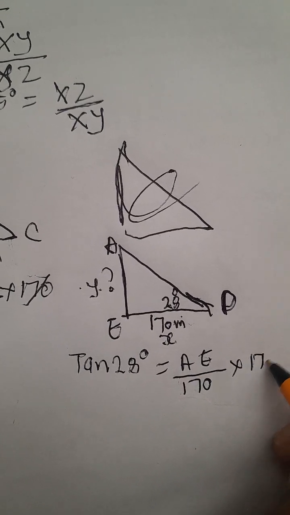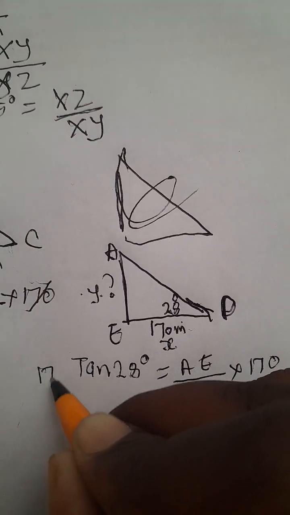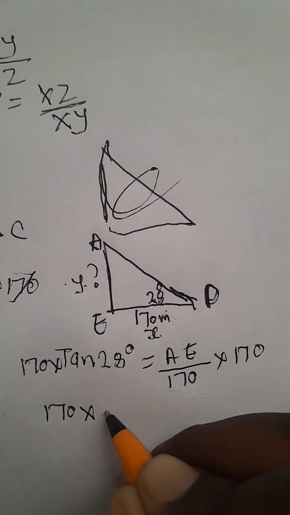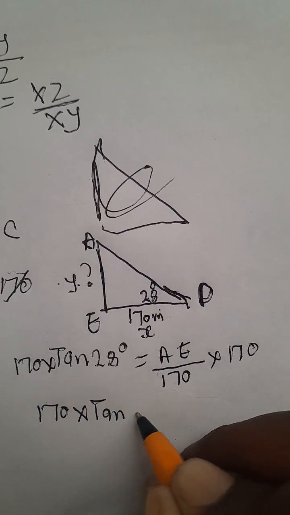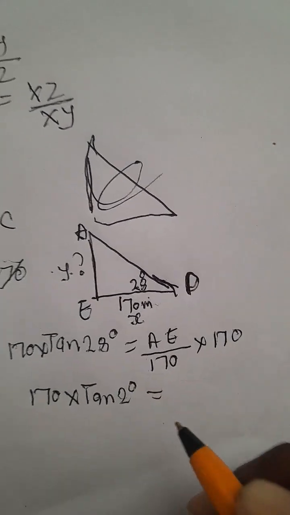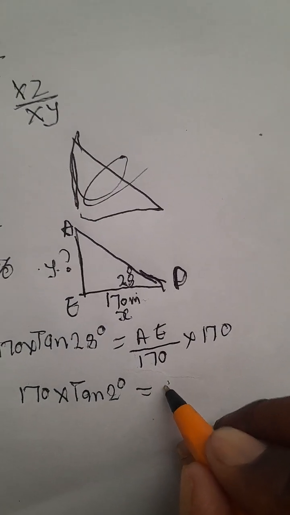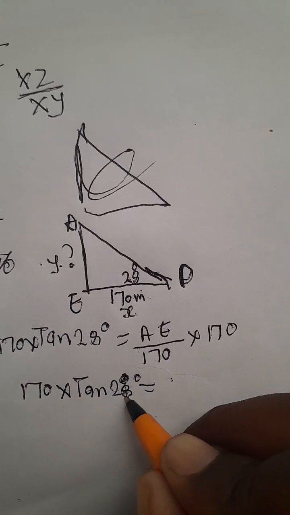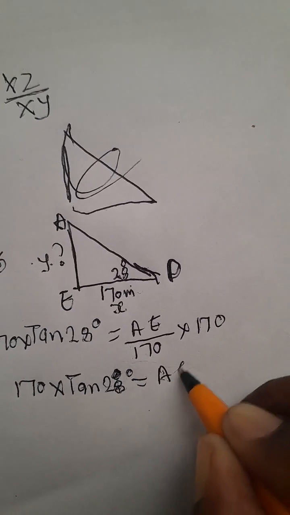Then we multiply by 170, so 170 multiplied by tan 28 degrees equals AE.